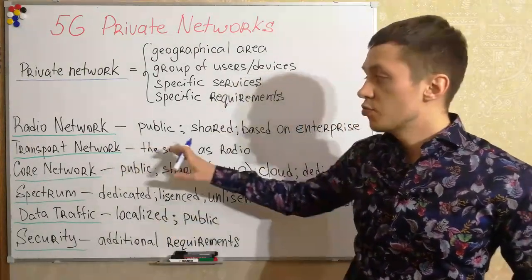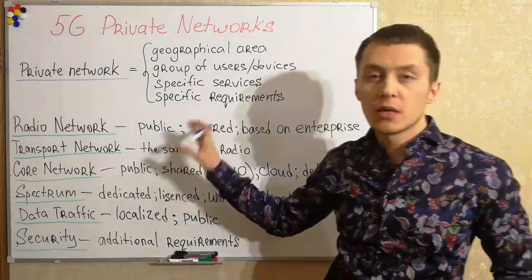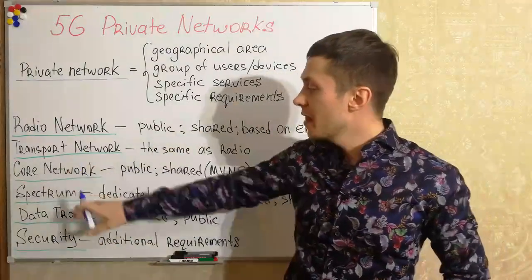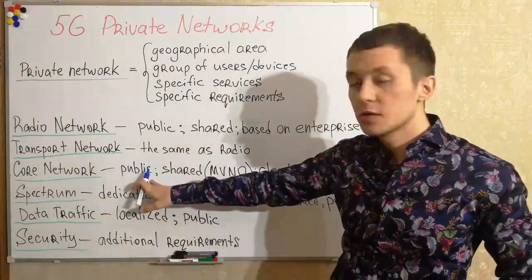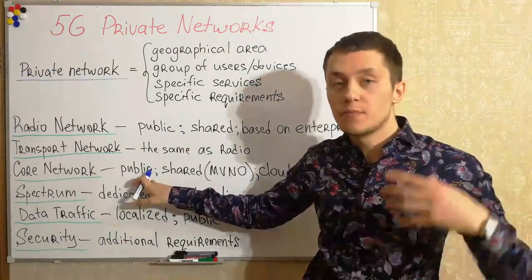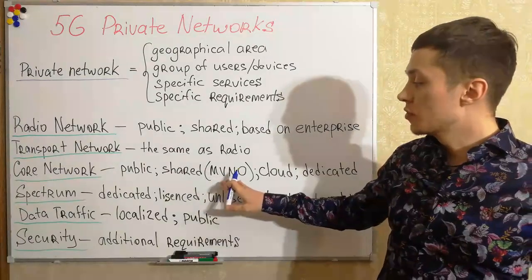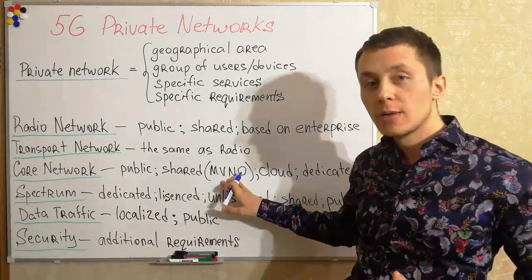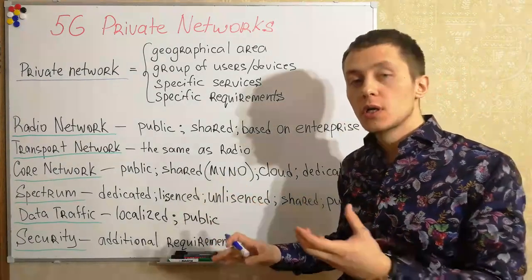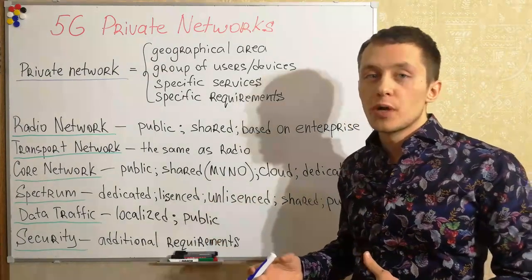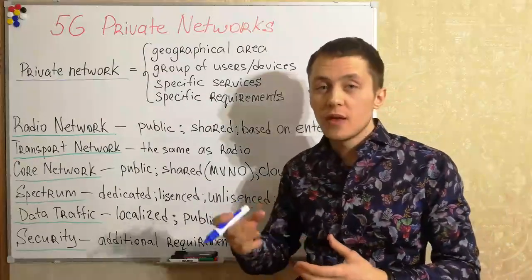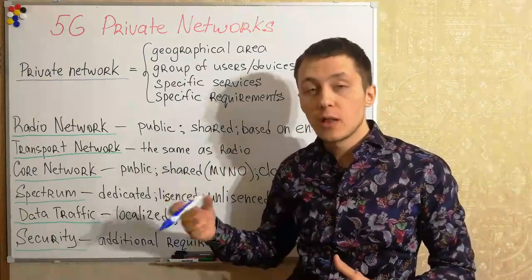Transport network is pretty much the same, it can be public or shared. The core network can be public, so provided by a public mobile operator, or shared, for example in the case of a mobile virtual network, when a private network is run as a virtual mobile operator.